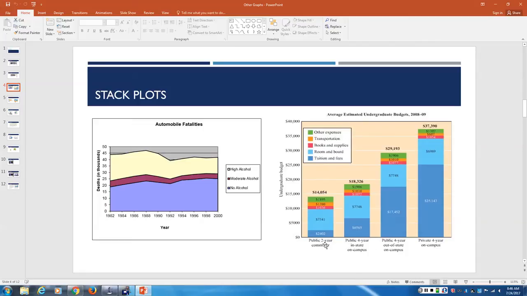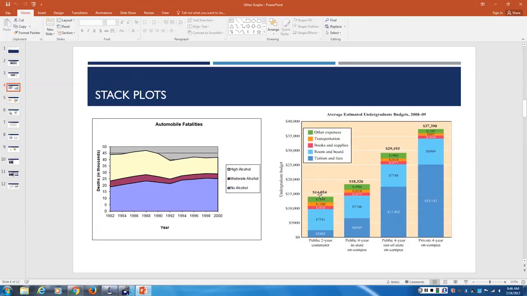What we have here are categories of public 2-year commuter schools, public 4-year in-state on-campus schools, public 4-year out-of-state on-campus, and private 4-year on-campus schools. And we're comparing a bunch of different budget items for the same different kinds of colleges.